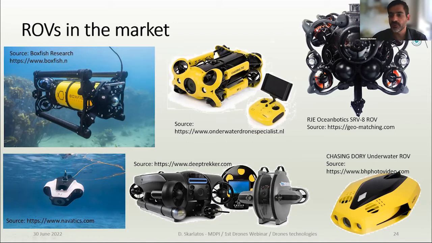For example, the Ocean Botics is about 8,000 to 9,000 euros. The Trackers are 10,000, the Boxfish is around 10,000. And then you can use the accessory list, let's put it this way, to add predefined cameras, predefined accessories onto your ROV.